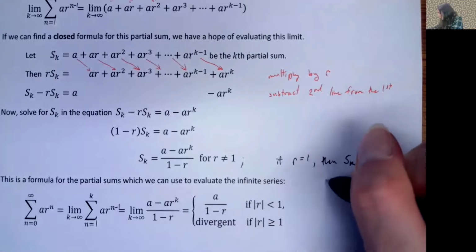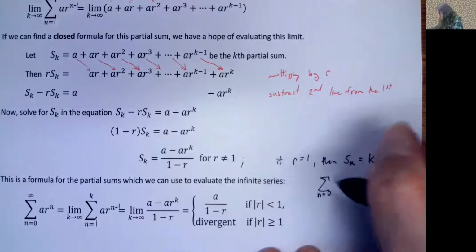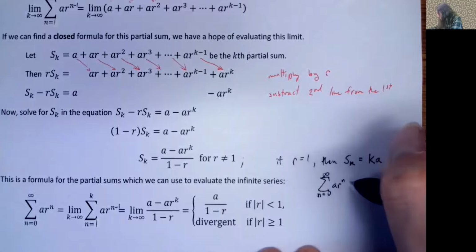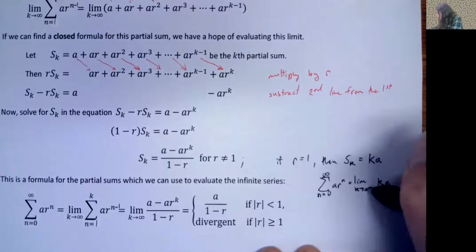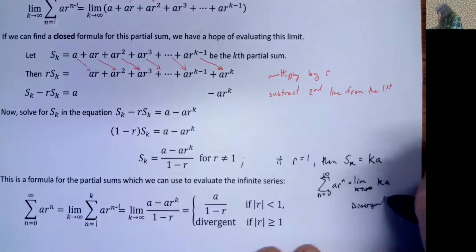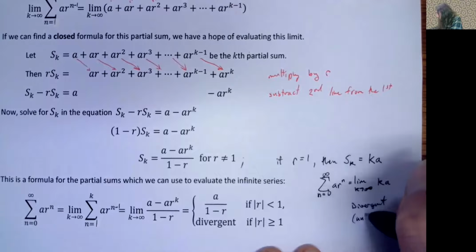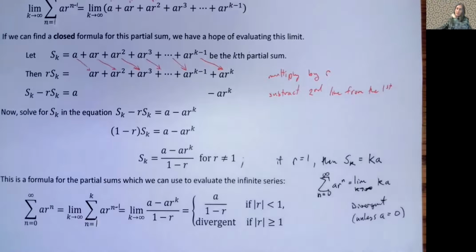And so we would end up with the sum from n equals 0 to infinity of AR to the n being equal to the limit as k goes to infinity of KA. And of course, this would blow up. So divergent, unless, of course, A is equal to 0, but it's not going to happen.